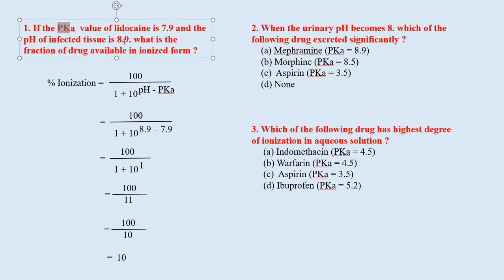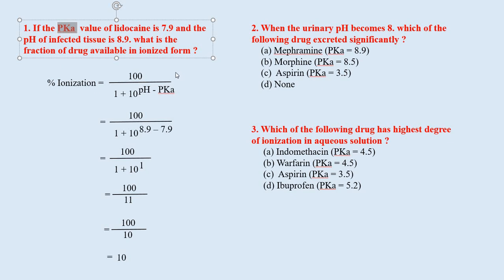From that you have to calculate the ionized form of the drug, meaning how much of that drug gets ionized. First, based on that pKa value, this drug comes under which category? Based on the dissociation constant, we divided drugs into four categories. This is 7.9, so this drug comes under weak basic drug.